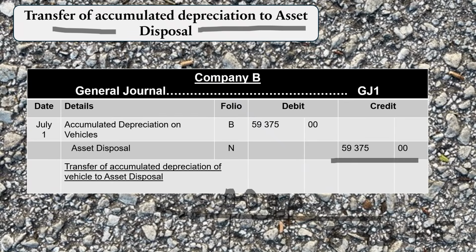In order to transfer the accumulated depreciation of this vehicle that we are selling to asset disposal, we must debit the account. There it is, debit 59375, and we credit asset disposal. And that's the transfer of accumulated depreciation to the asset disposal account of the vehicle that we are selling.